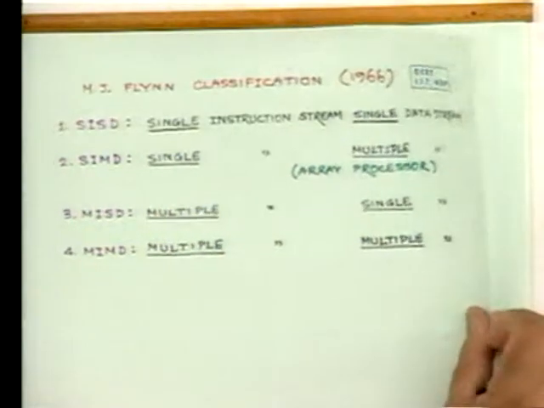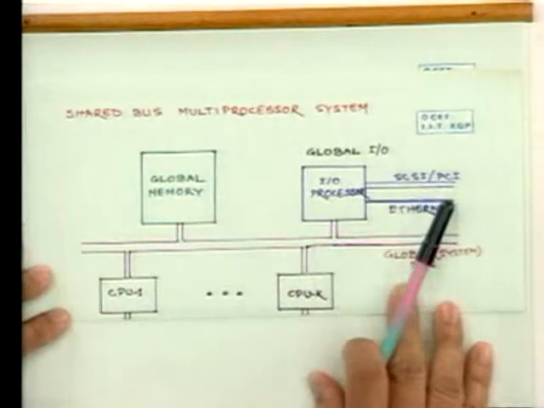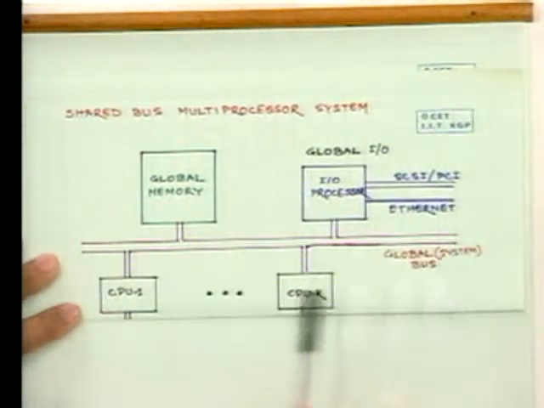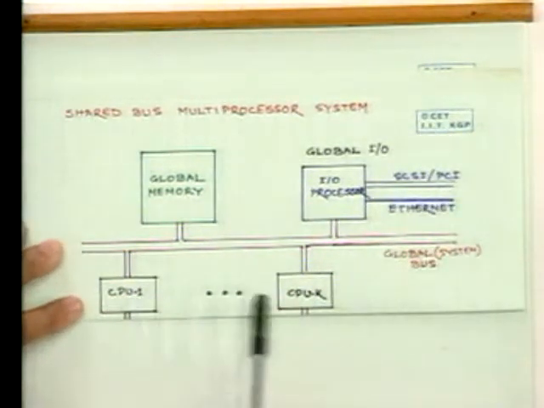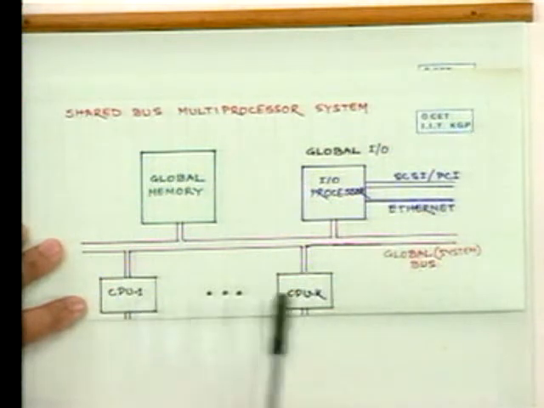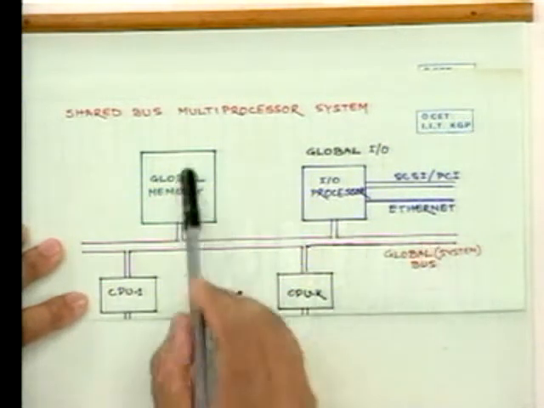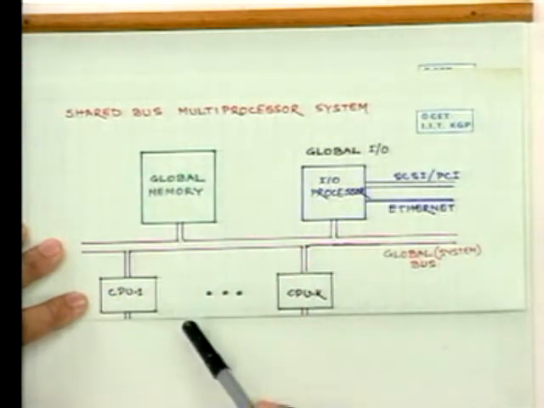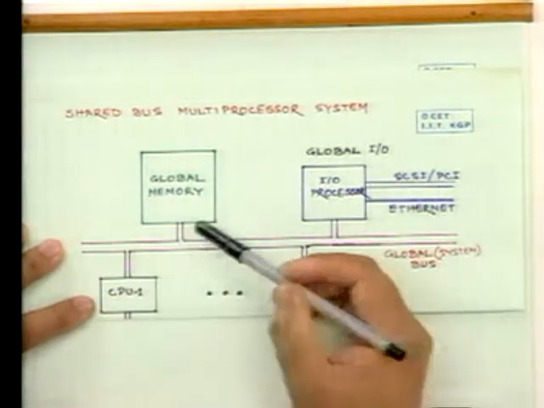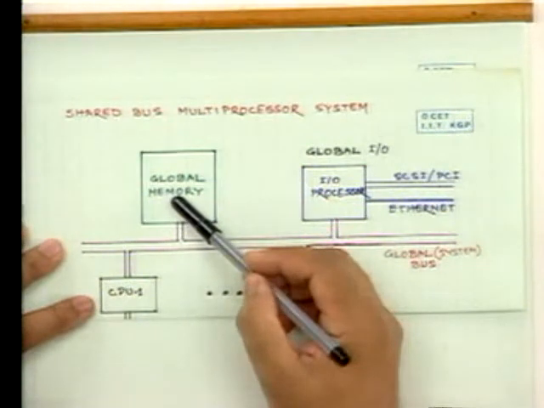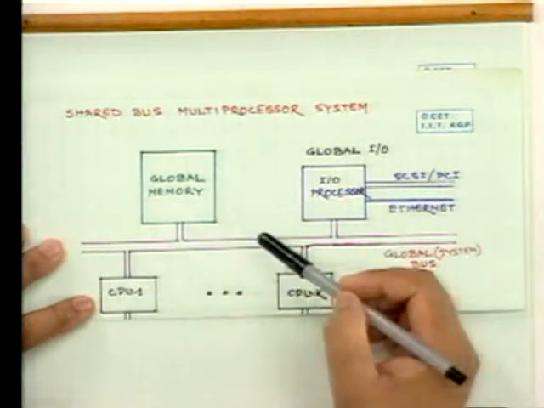Now let's try to give an overview of this MIMD architecture. This is an overview that has been shown. There are more than one central processing units, CPU 1 to CPU K, hanging on the global bus. There is a global memory. Processes are executed in the global memory by each CPU.